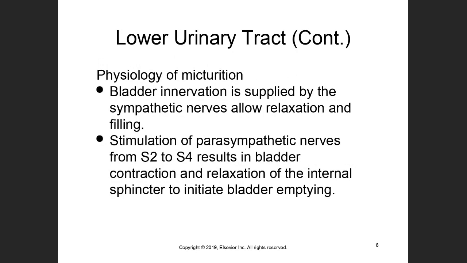The bladder is innervated by sympathetic nerves, which allow relaxation and filling. Stimulation of parasympathetic nerves from S2 to S4 results in bladder contraction and relaxation of the internal sphincter to initiate bladder emptying. Okay?